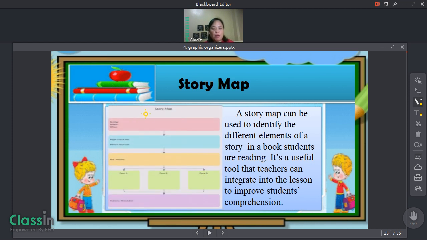In the story map, we usually use the elements of the short story, but we use it in the visual display of information, unlike writing those elements of the short story, to make it organized, more presentable, and easier for the students to recall or remember.